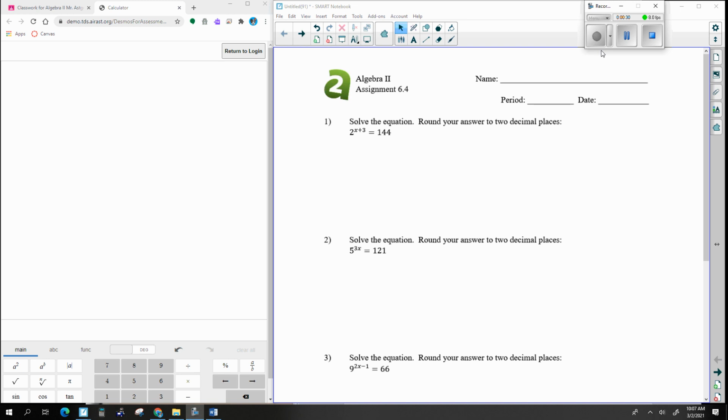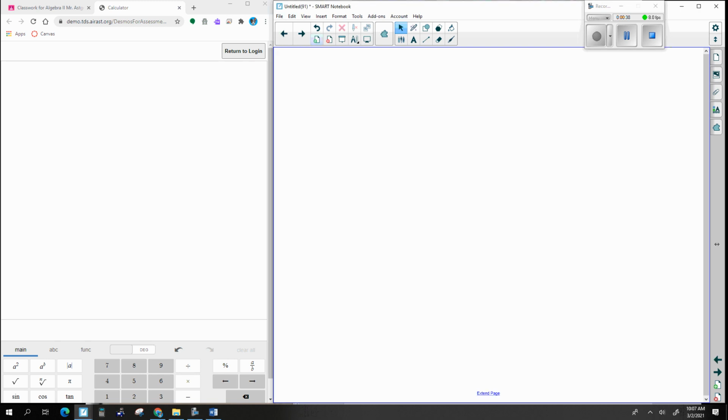How can I personally identify if I can get a similar base and just cancel it out? Here's an example of what I mean. Let's say I have a problem that is, let's make it a little bit more complicated, 4^(x-2) is equal to 8^(x+5) or something like that.